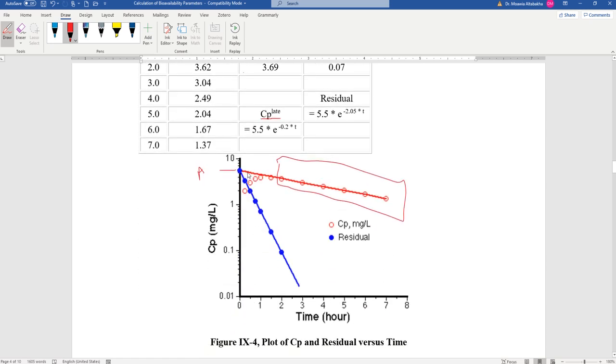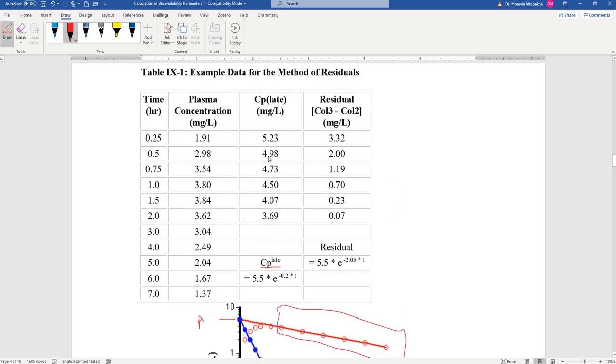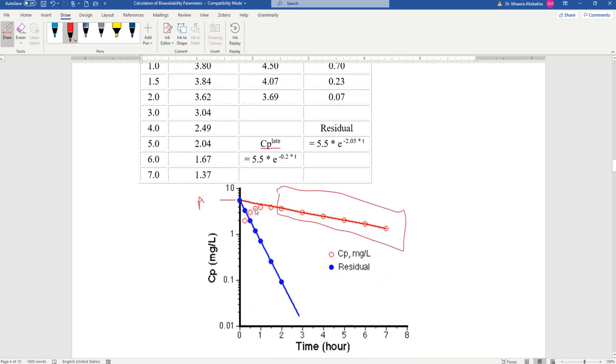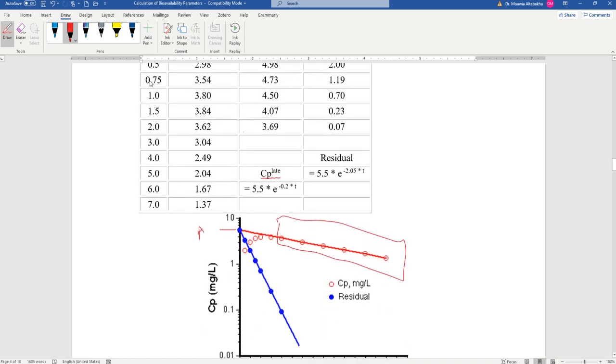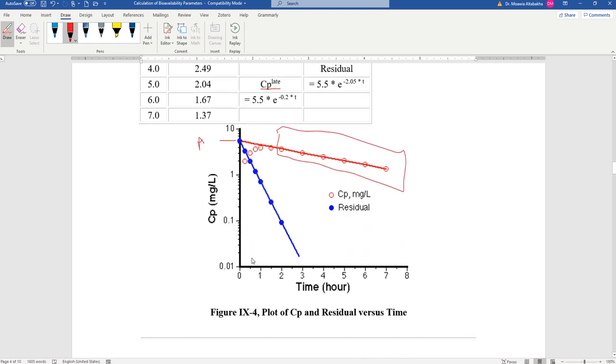She went to the straight line and read the concentration from the y-axis, and found that at half an hour the CP late was 4.98.